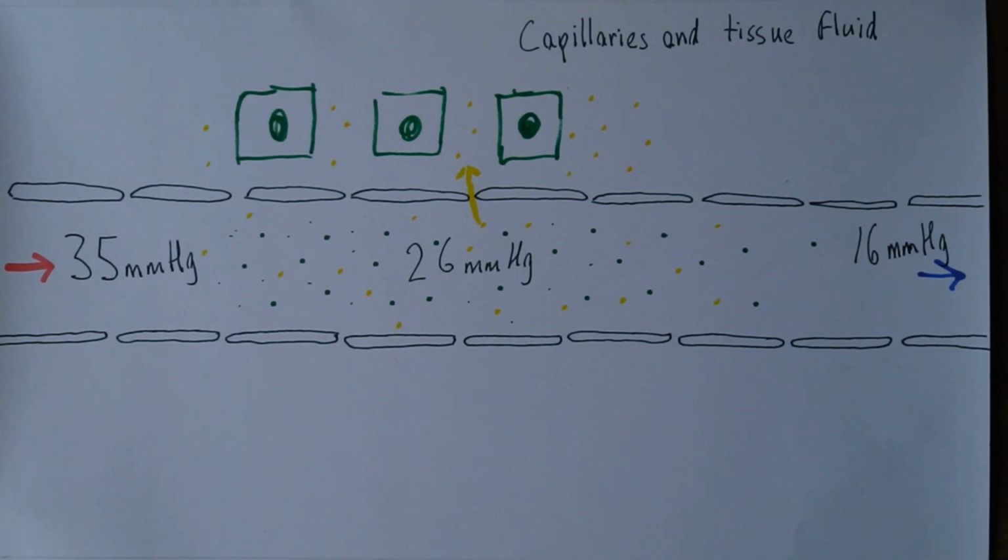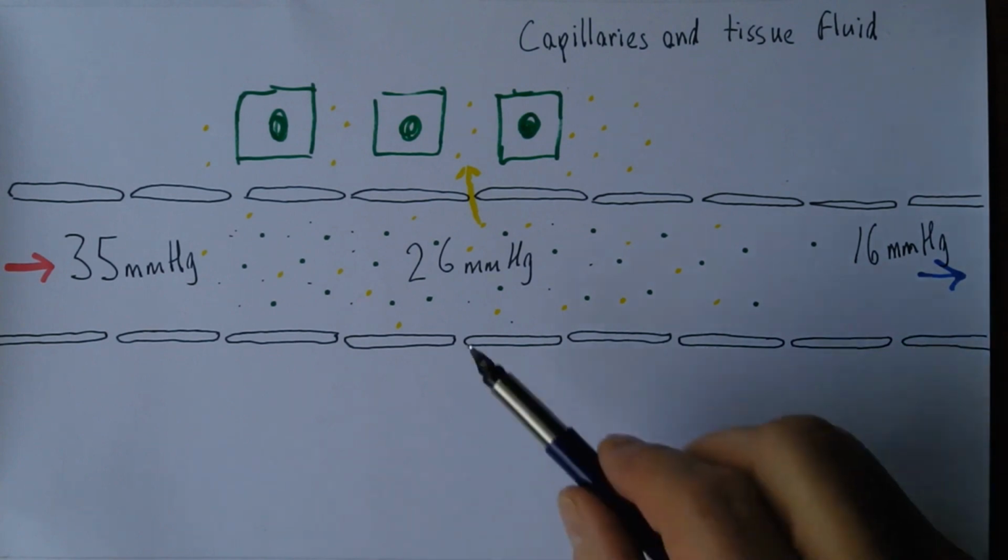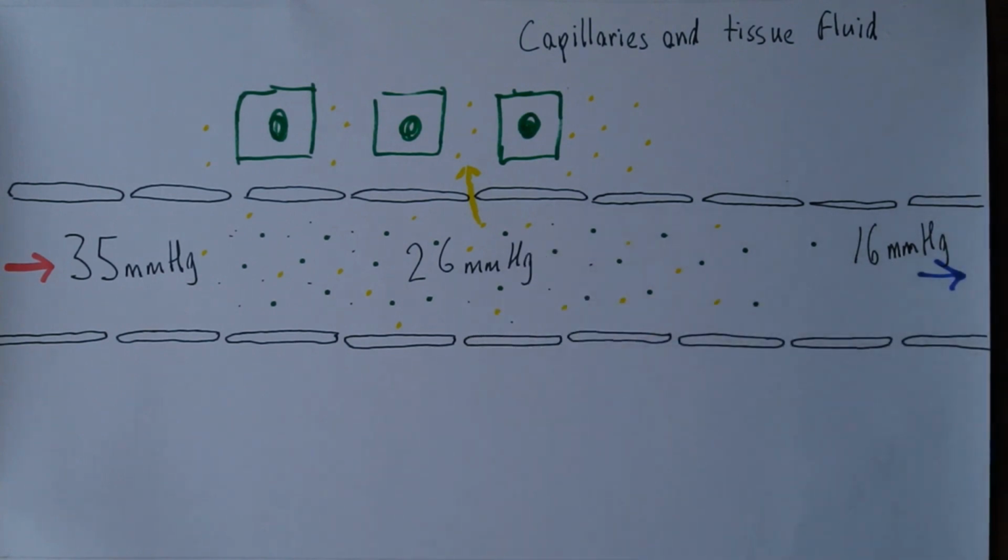But that's quite enough to let the sodium in and out, and the other ions in and out. But it's not big enough to let the plasma proteins through. So the plasma proteins are going to be retained in the plasma.